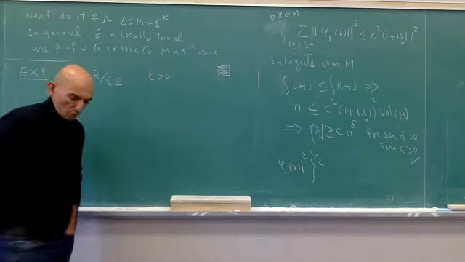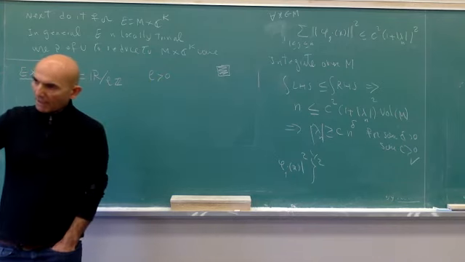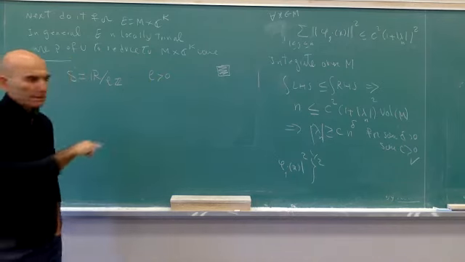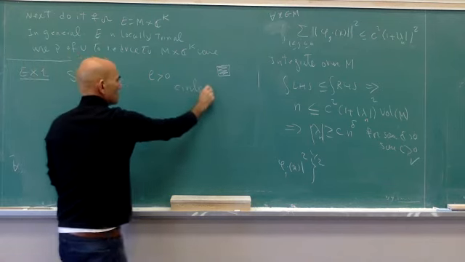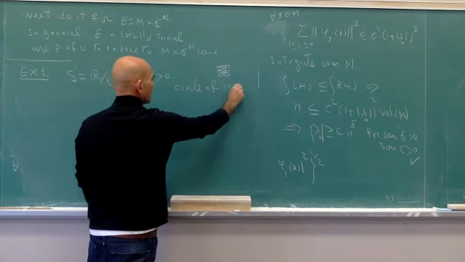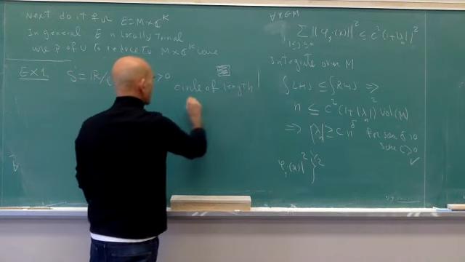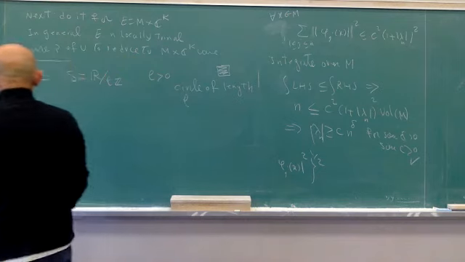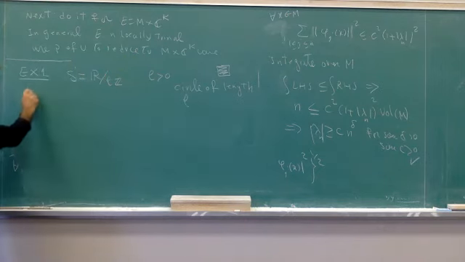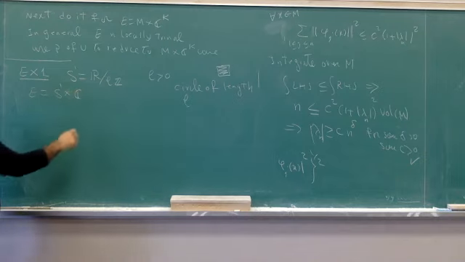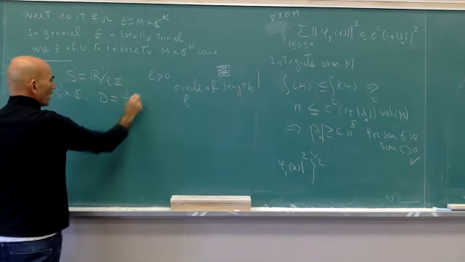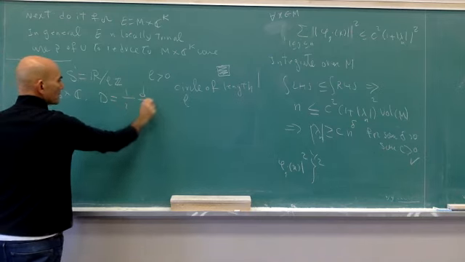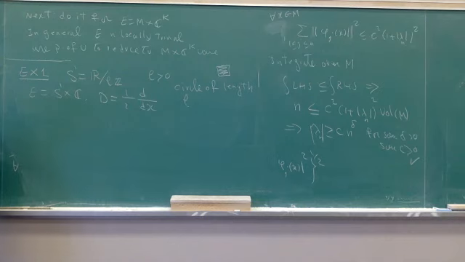So this is a circle of length L. Let's take E to be equal to S1 cross C, as we did before, and D to be this 1 over i d/dx operator.